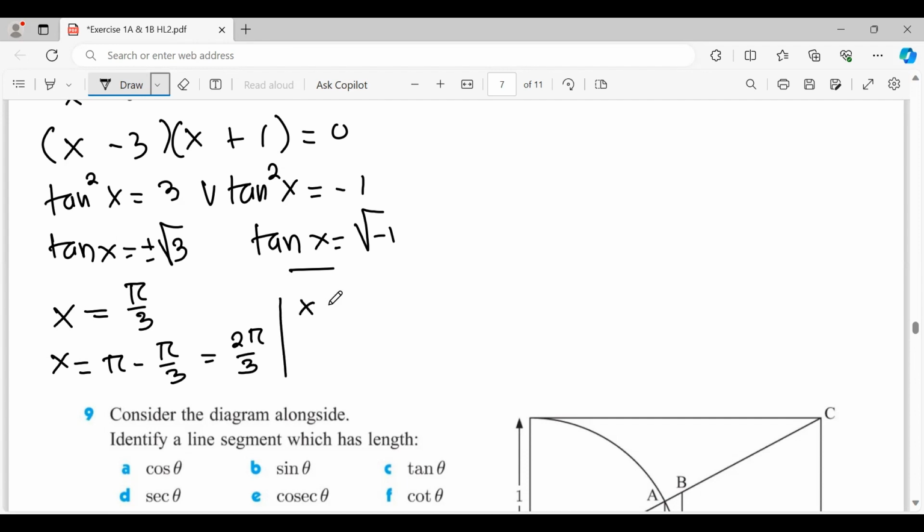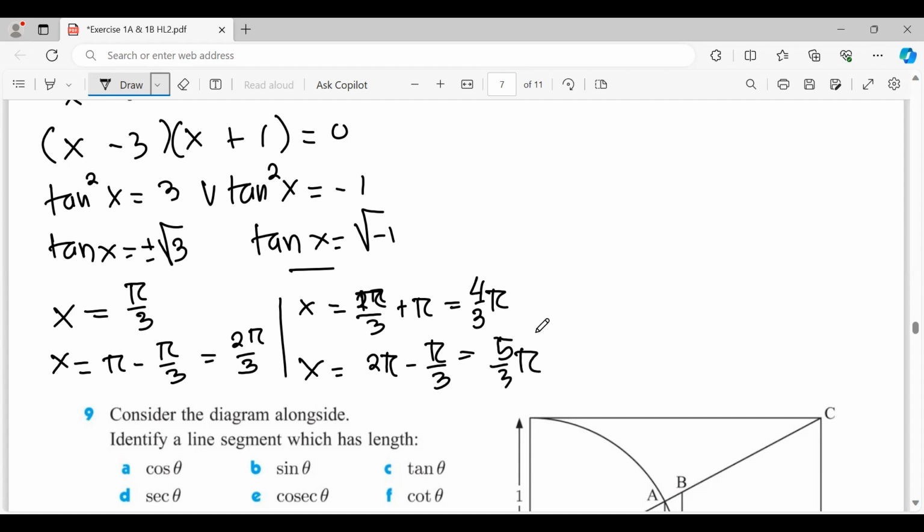After that, x equals pi third plus pi, equals 4 third pi, and then x equals 2 pi minus pi third, 6 minus 1, 5. Okay.